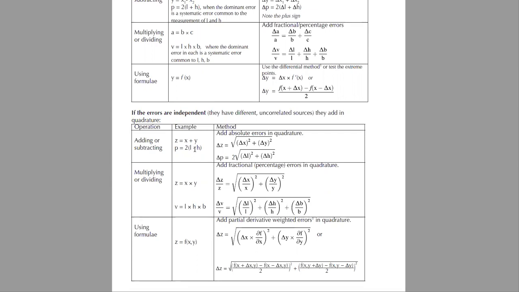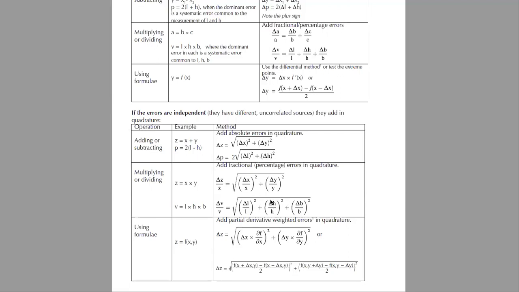So how do we calculate for addition? For the quantity z that is obtained by adding or subtracting x and y, delta z is equal to the square root of delta x squared plus delta y squared, where delta x is the probable error in x, and delta y is the probable error in y.